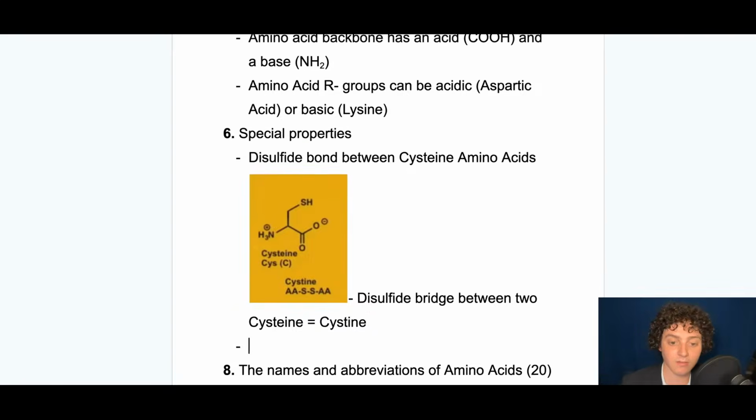And when two cysteines combine their sulfurs to form the disulfide bridge, they are now named cystine. A way I liked to memorize this when I was studying for the MCAT is that the longer name, cysteine, is for the smaller thing, where the two amino acids are not bound, and the bigger thing is the smaller name.